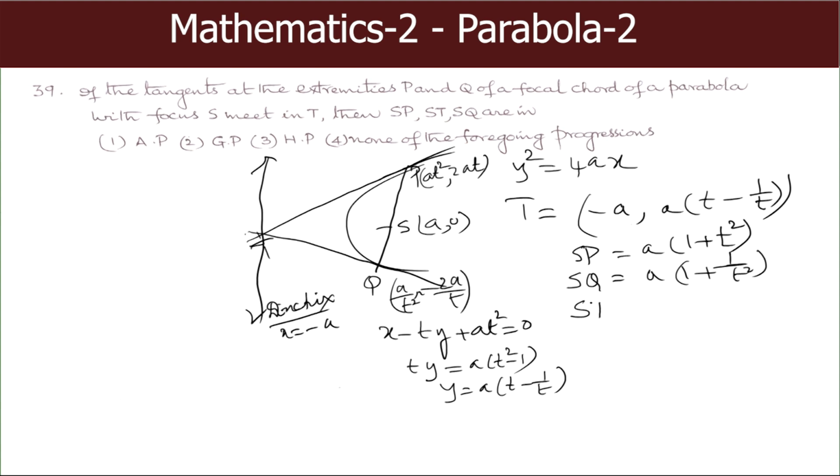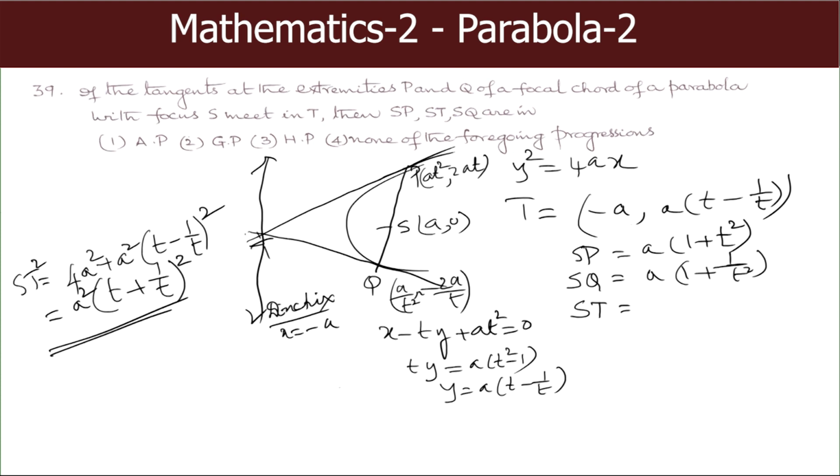ST. Well, S is (a, 0) and T is this. So, ST square is 4a square plus a square into (t minus 1 by t) whole square. This is ST square. Or a square common, (t minus 1 by t) whole square plus 4, that is (t plus 1 by t) whole square. So, this is ST square. So, what is ST?